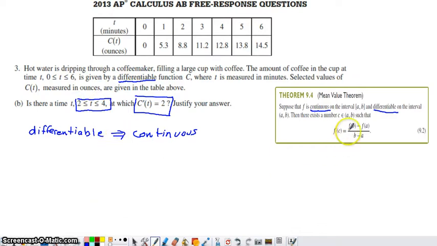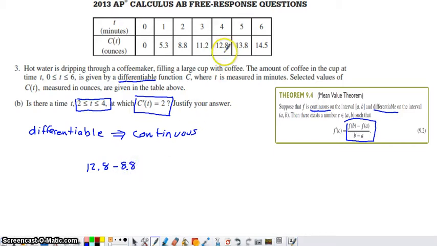So we're going to compute what we have right here within the mean value theorem, this average rate of change. We're going to compute f of 4 minus f of 2 over 4 minus 2, taking those numbers right out of the table.